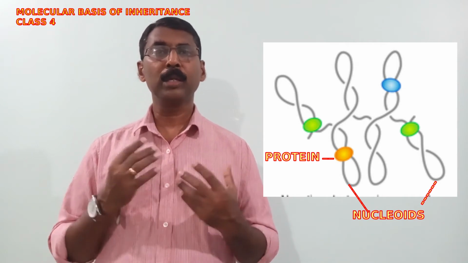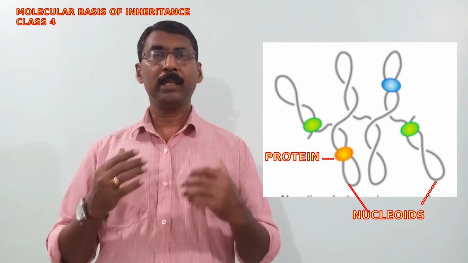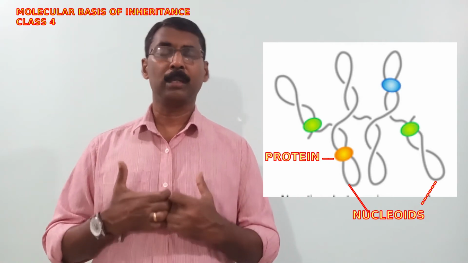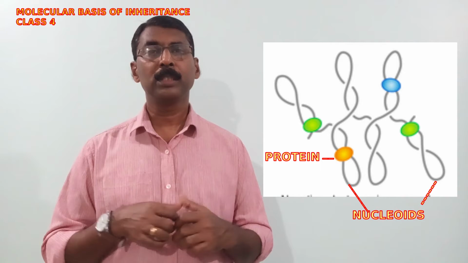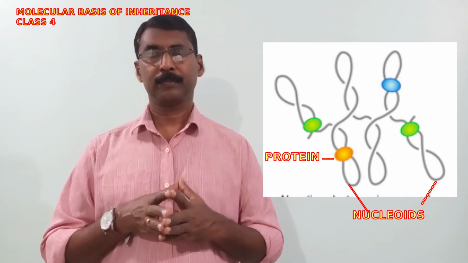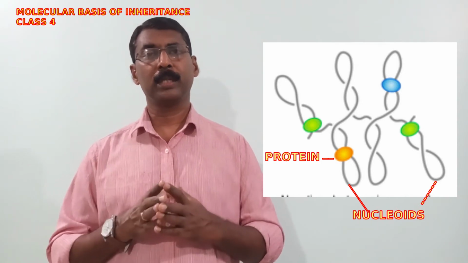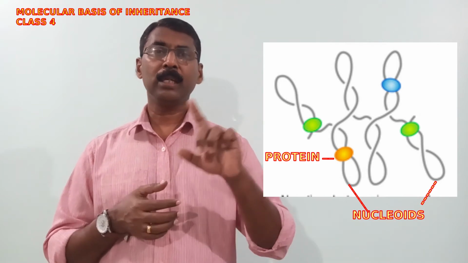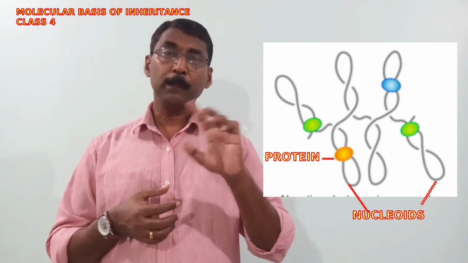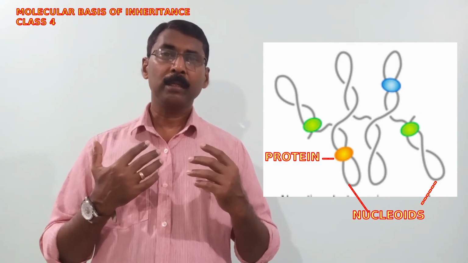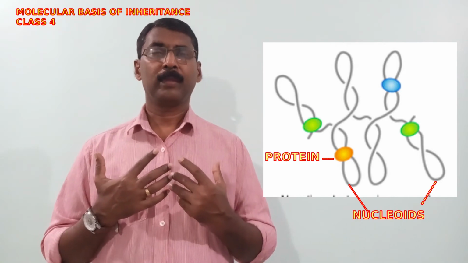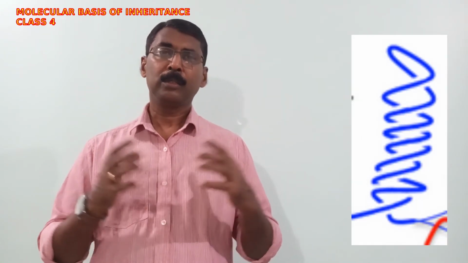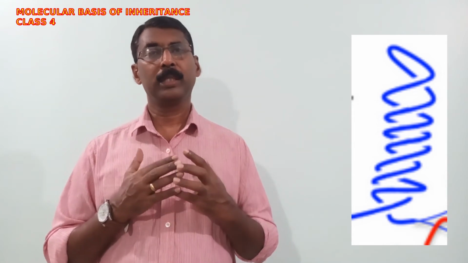Several such nucleoids can be seen, and DNA is situated in the cytoplasm of a prokaryotic cell in the form of these nucleoids. And each helical loop may again be supercoiled in some cases to reduce the length of the DNA further.